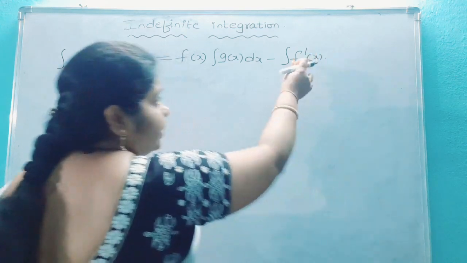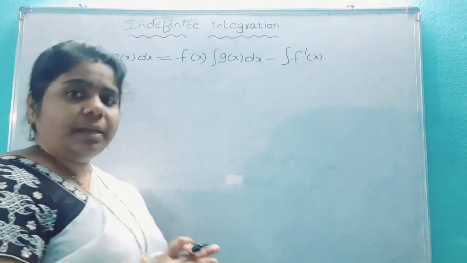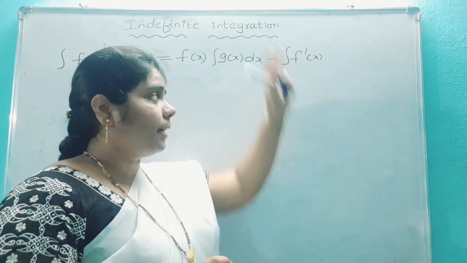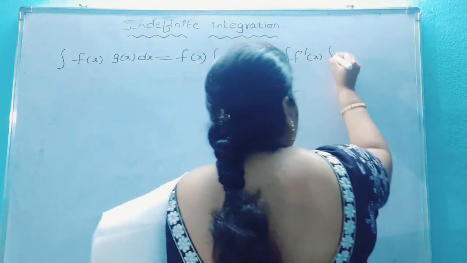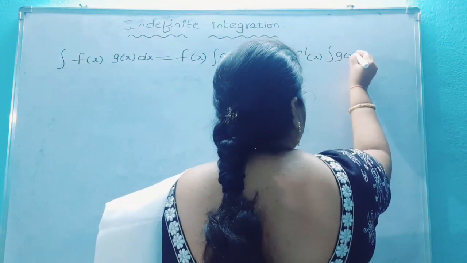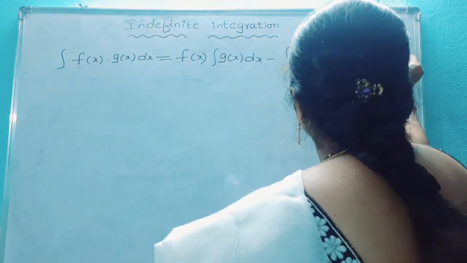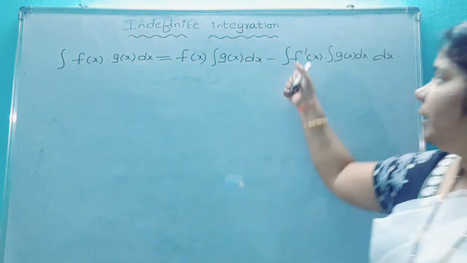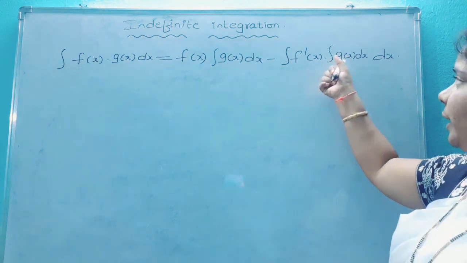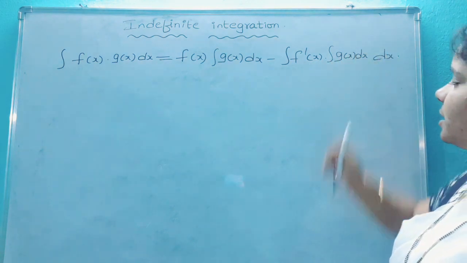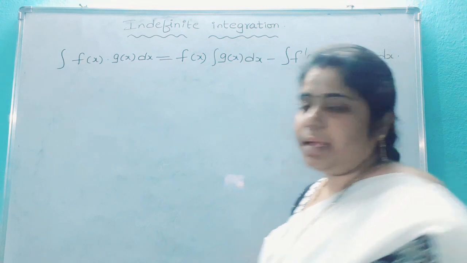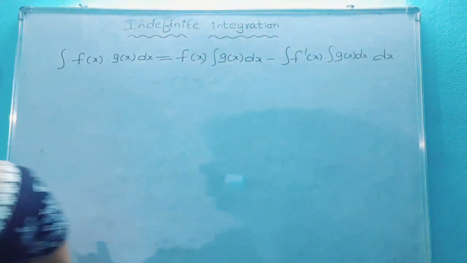F dash of x means differentiation of f of x. Differentiation cheyali into integral of g of x dx whole dx. Integral of f dash of x into integral of g of x dx whole dx. This formula is called integration by parts.